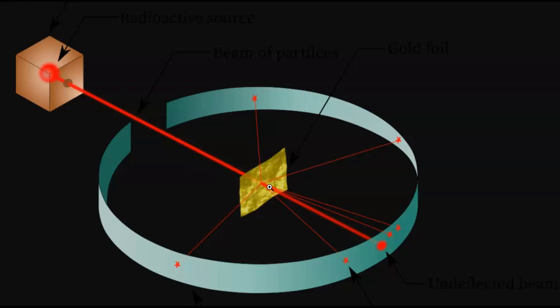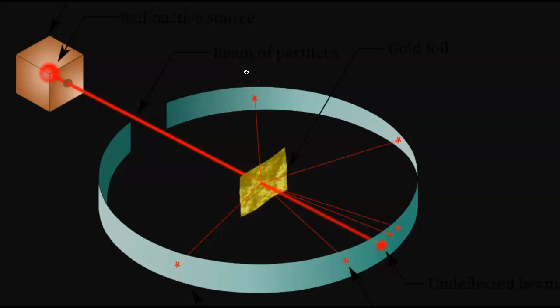Now, if the plum pudding model was true, then any alpha particle that went through this gold foil would be deflected a little bit by the positive charges that made up the pudding. But that's not what happened. Most of the alpha particles just went straight through with no deflection at all. But some of them were deflected a lot, and some even just bounced right off and bounced backwards.